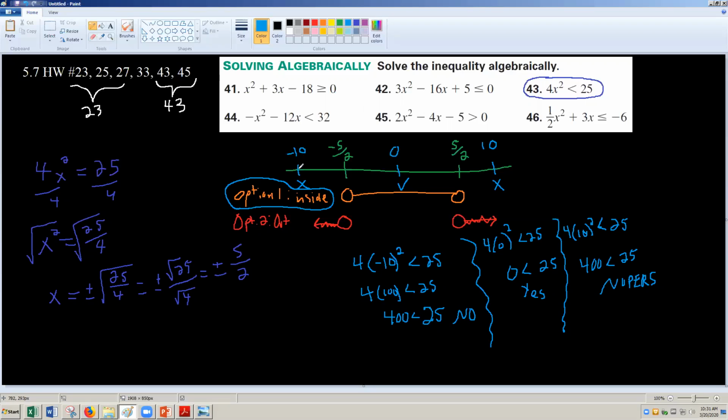If it doesn't work here, it will not work here, will not work here, and it will work in the middle. If it does work in the middle, it will not work on the outsides. If it does not work in the middle, it will work on the outsides. And vice versa over here. If it works here, it works here. If it does not, then it will not here and here, but it will work in the middle. So it's always one or the other, whether it's going to be orange or red here.